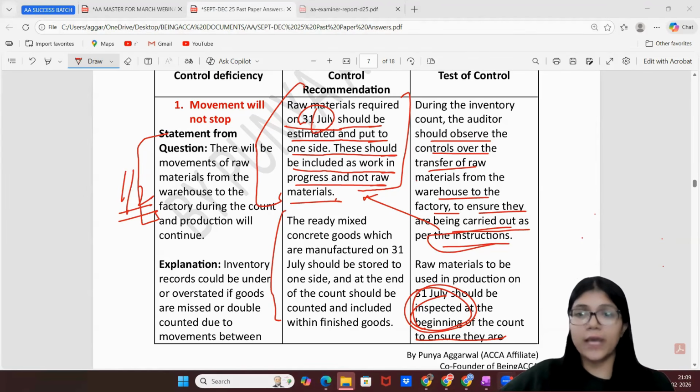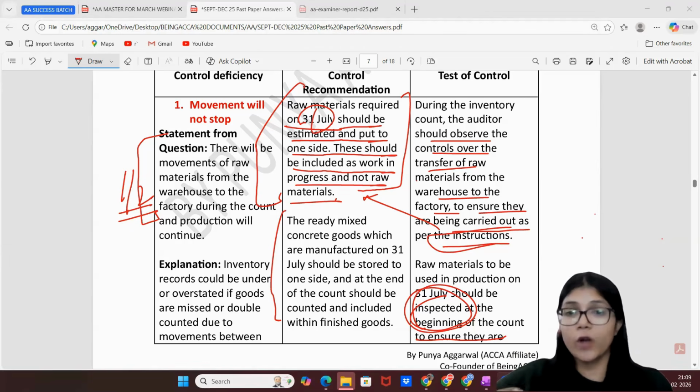Recommendation, as I've told, basically is that whatever inventory I want to count on 31st of July, I will keep it aside. I will not mix it with my continuous inventory, because every single hour of the day, the inventory is going to keep increasing or decreasing.